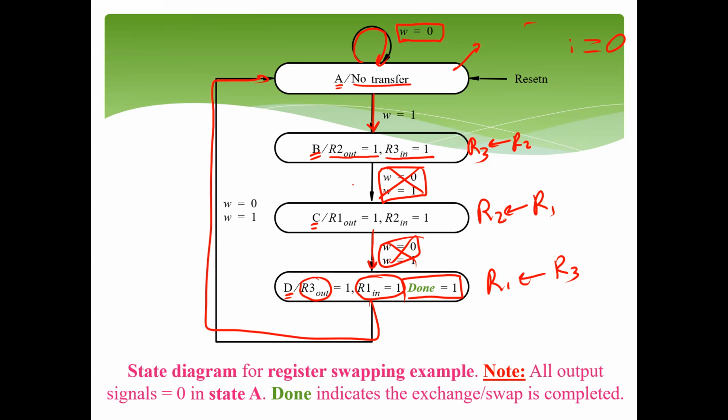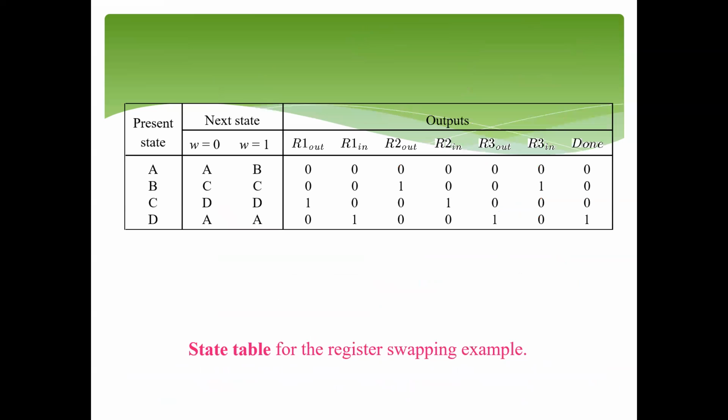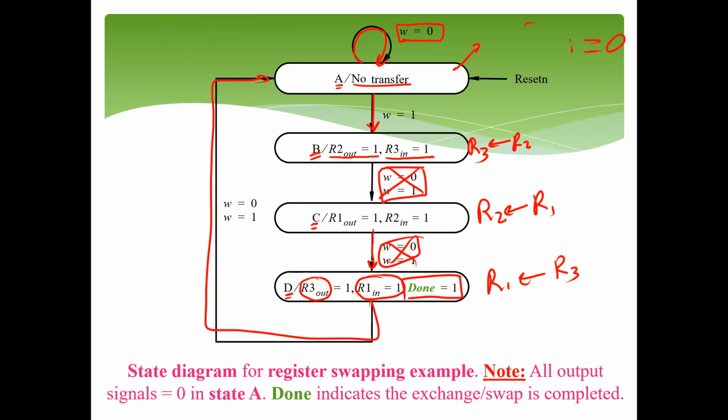Now, from the problem specification, we wrote the state diagram. From here, we just go and complete the steps. Let's write the state table. I have 6 outputs, and all these outputs are Moore type outputs. Why? Because the output value depends on the state only. I don't see output values in going from a state to state.